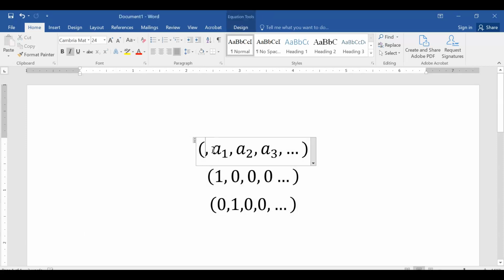Maybe that's a little bit easier, so I'll start my sequence at A1 instead of A sub 0.